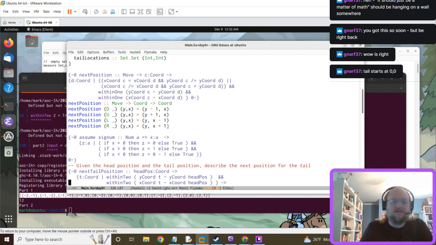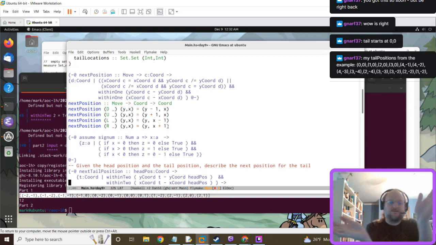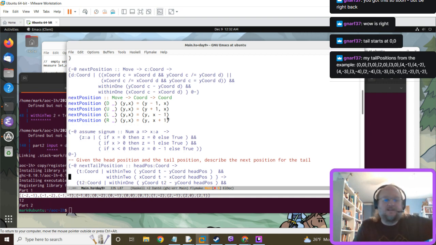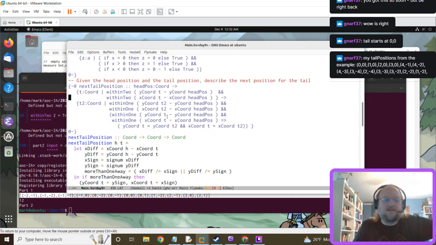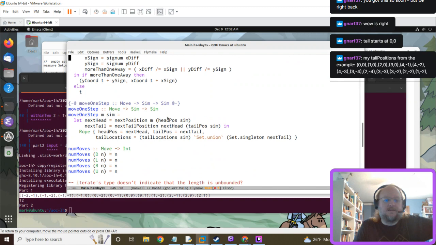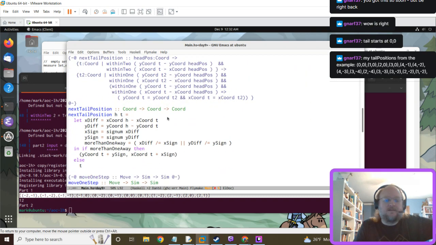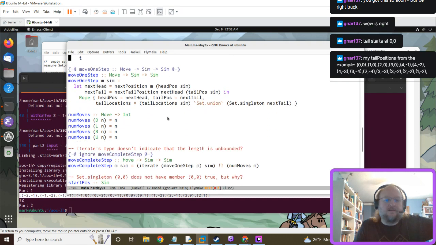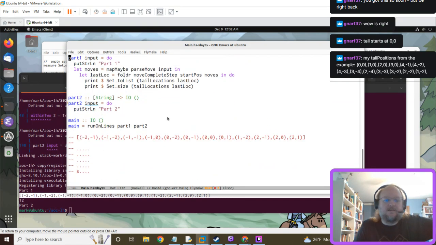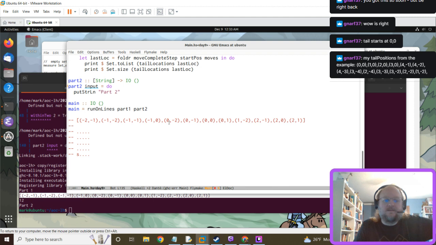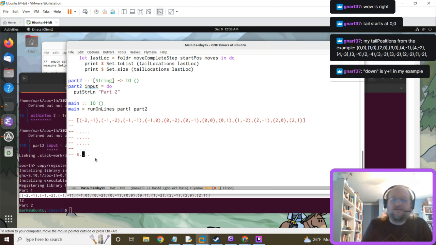Left, right. Using standard coordinates here. 0, 1.